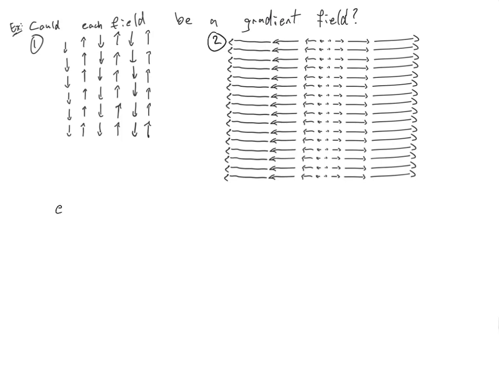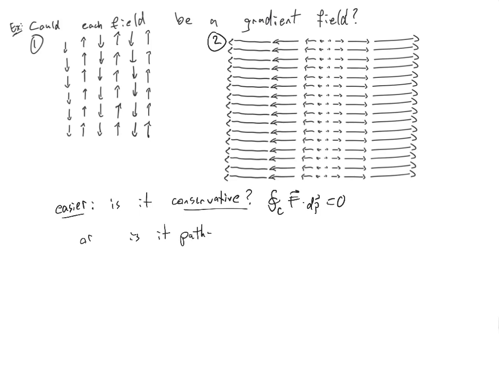So it's easier to check, is it conservative, which means that closed curves have integrals with zero flow, always, or is it path independent?